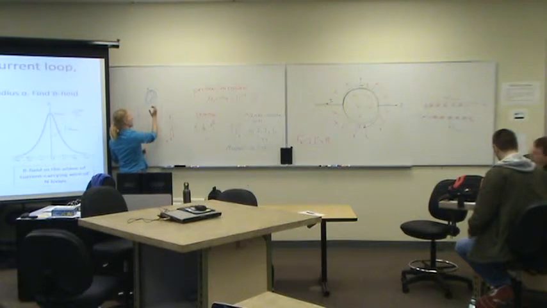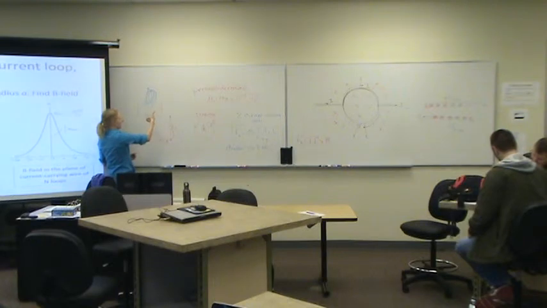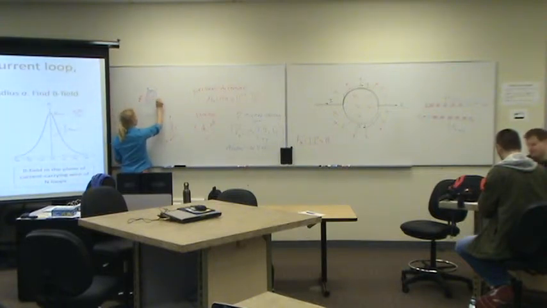So if the current is sort of going up and around like this, you can use your fingers to curl inside that loop to figure out the direction of the B field. And so my fingers are pointing to the left on the inside of that loop. So the B field inside that loop would be to the left.